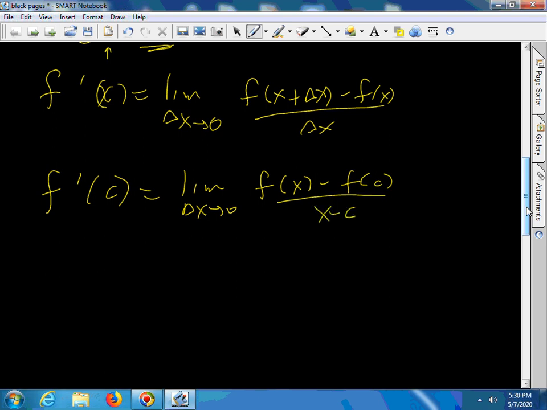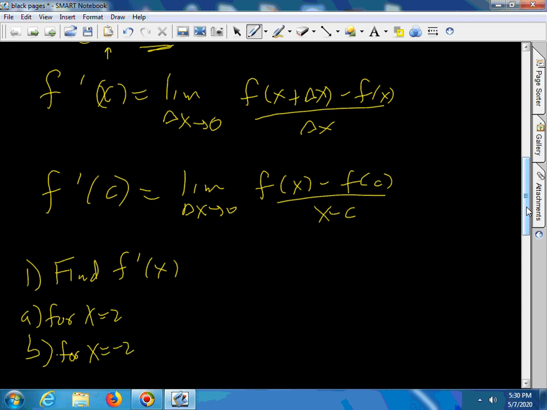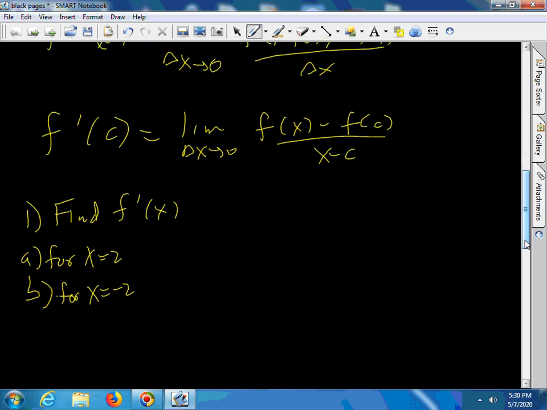Now, if you had two problems, one, find f prime of x, and here it is for x equals 2, here for x equals negative 2, and over here for x equals 7.